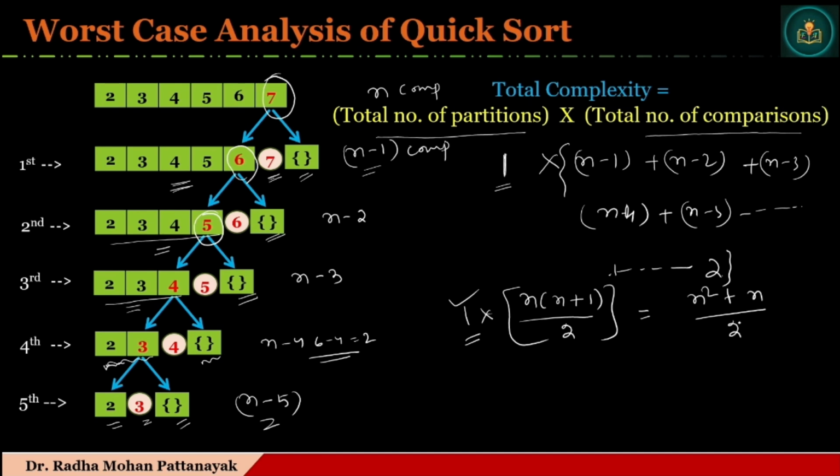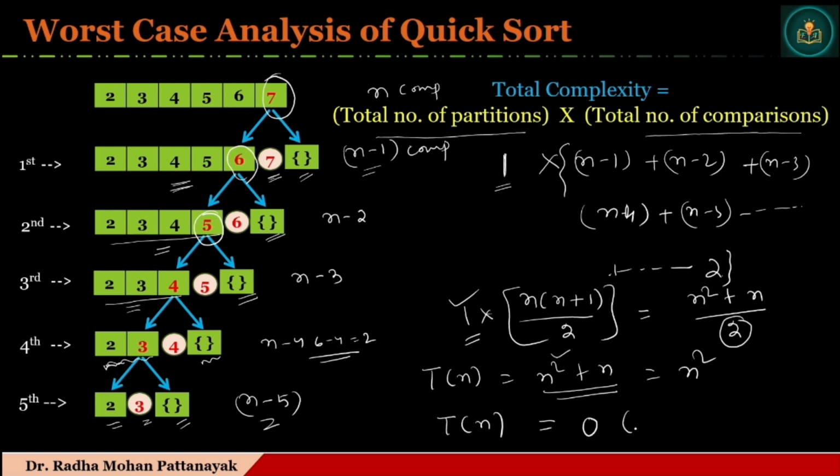You know that when we are finding the complexity, we neglect the constant terms. So that's why we will consider here T of n equals n square plus n, and between these two factors, the highest factor is n square. That's why we can write the complexity as T of n equals big O of n square.